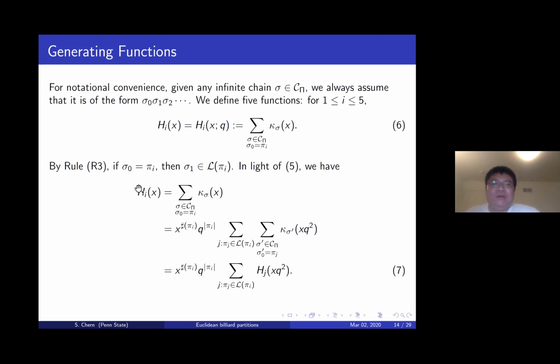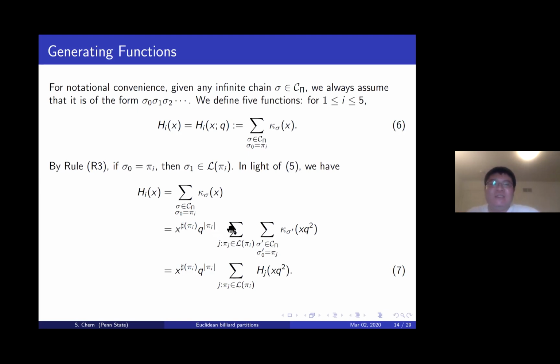And then we can see that, say we have this function h i, then this h i is this sum. And again, by the previous property, we can just take out the first term. So we have x raised to the power of the sharp of pi i times q to the power of the size of pi i.